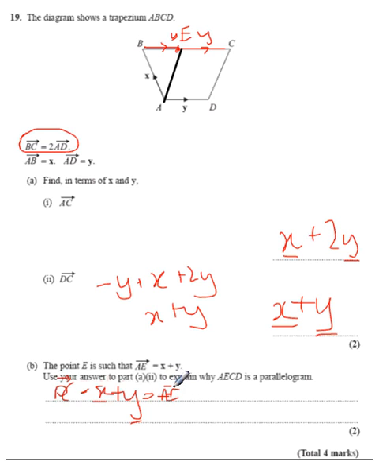Now DC equals AE. That's equal to x plus y, and that's equal to x plus y. We also know that AD equals EC. It's equal to y.